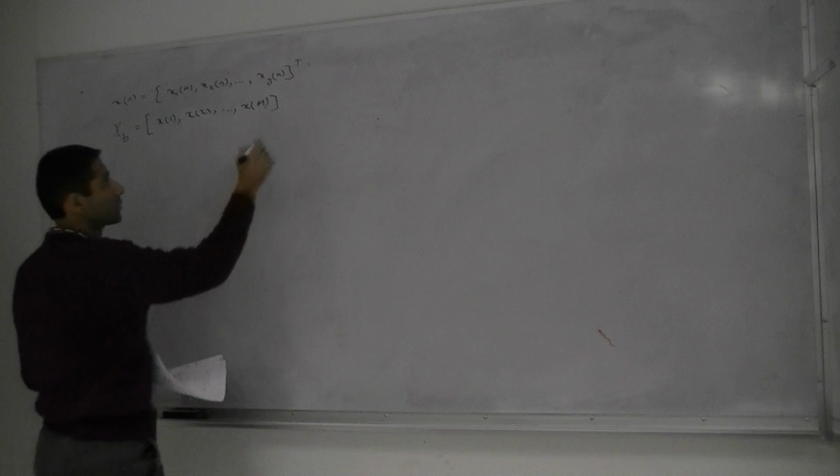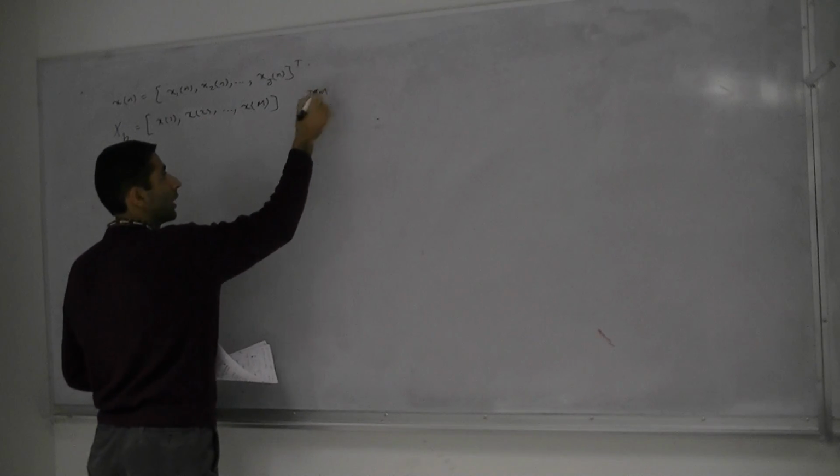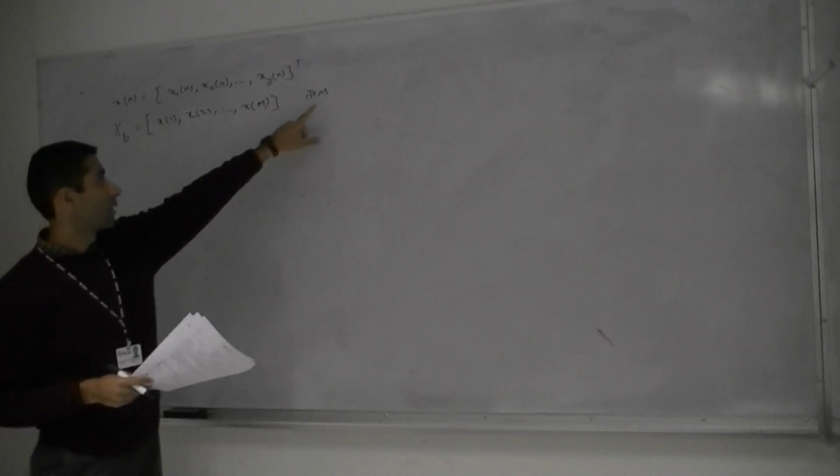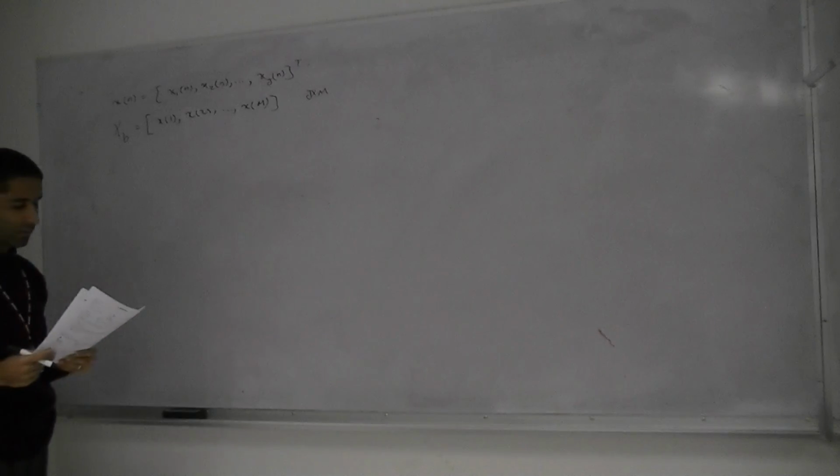It's a matrix j by n, where j is the number of entries of each data, and n is the number of all of the data that we have.